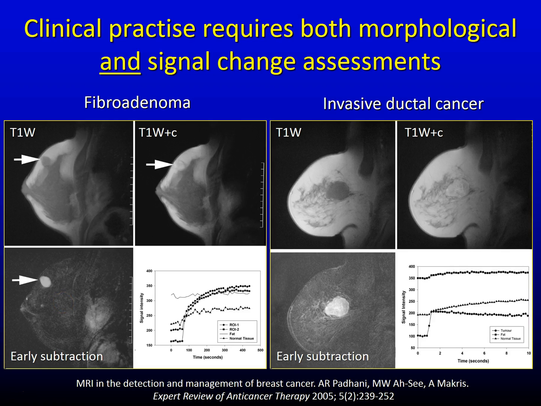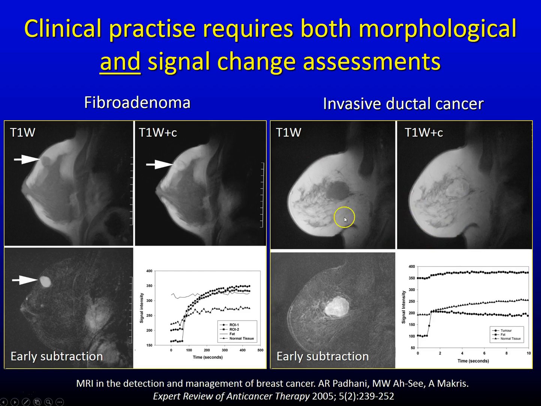In the clinic, of course, we use both morphology and signal enhancement to make diagnoses. So if you see a well-defined, homogeneous, enhancing mass lesion where there is a type 2 curve, but all the curves superimpose upon each other, that clearly is benign, and in this particular case it would represent a fibroadenoma.